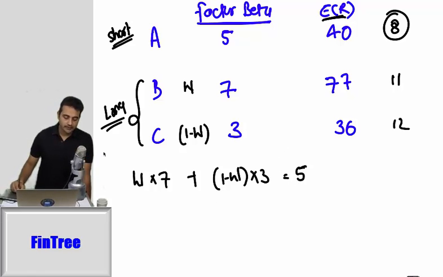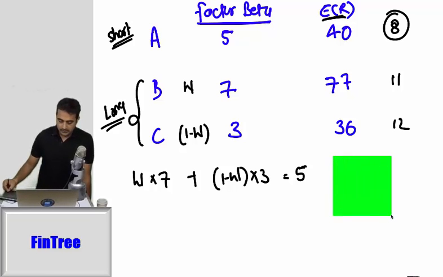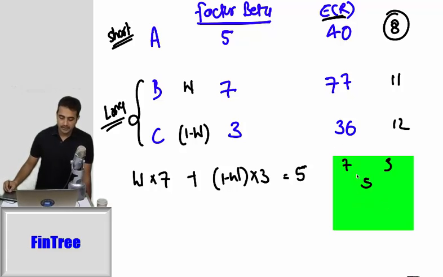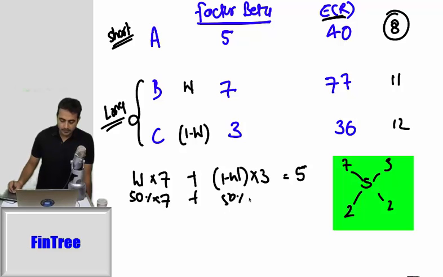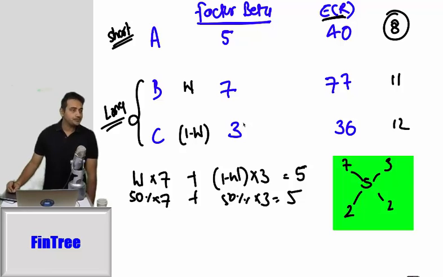Now if you want, you can solve this equation, or you can use a faster technique. So start with 7 and 3, put 5 here, so the difference is 2, then the proportion of 2 to the total of 4, so 50-50%. That means 50% into 7 plus 50% into 3, and that would get us 5.